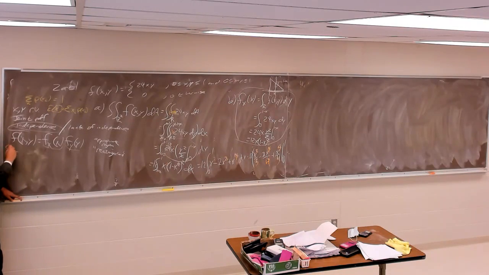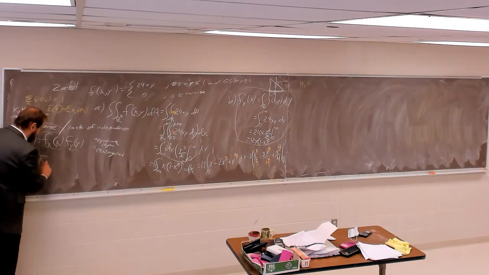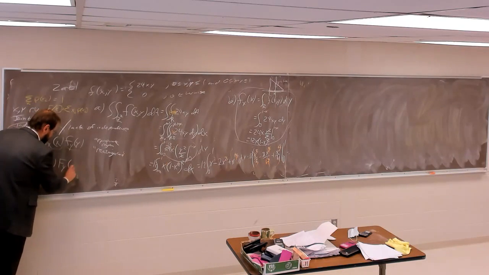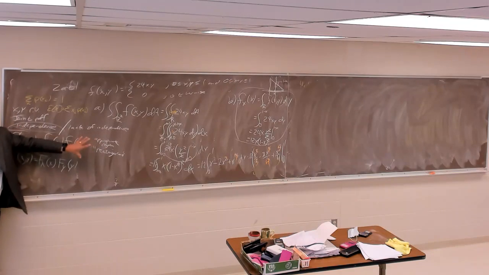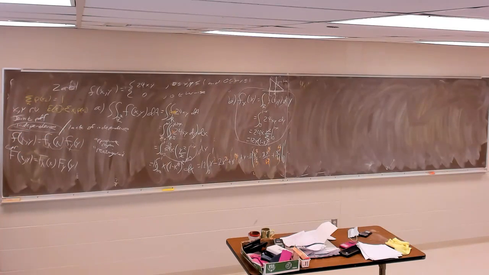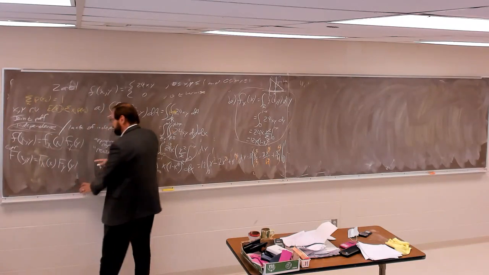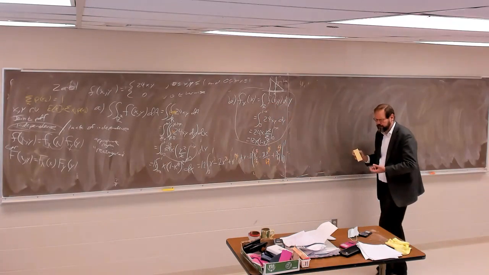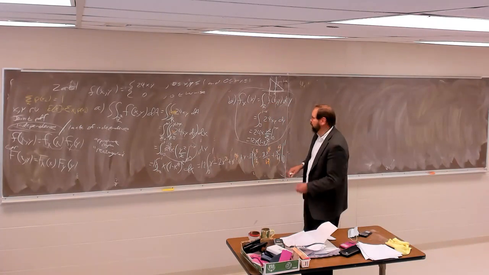If I have my joint CDF, and my random variables are independent, then the joint cumulative distribution function will just be the product of the two individual cumulative distribution functions, again, over the appropriate region. And if I want to compute any sort of probabilities, the idea is given information about one of them, I get no new information about the other one.